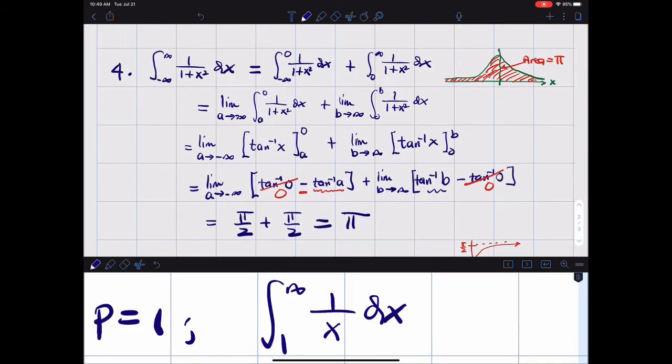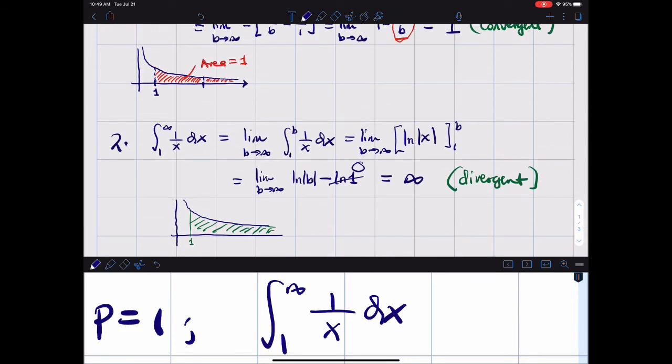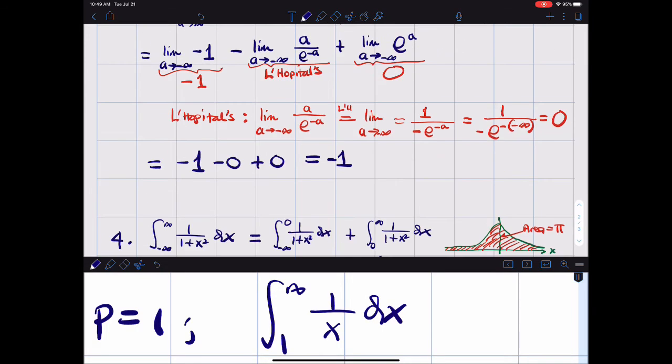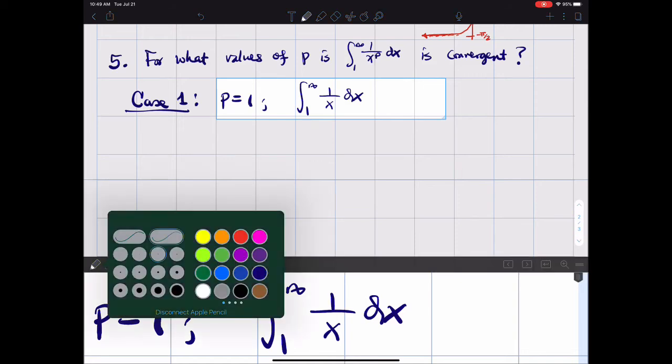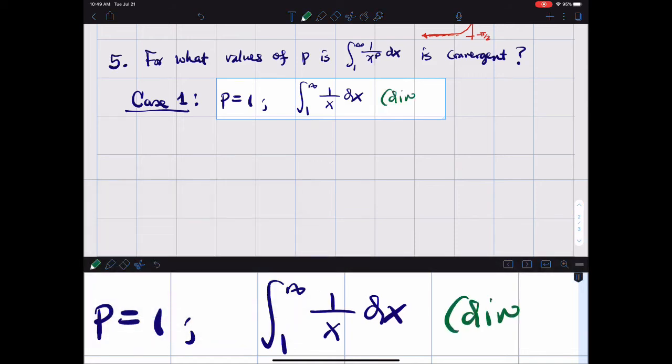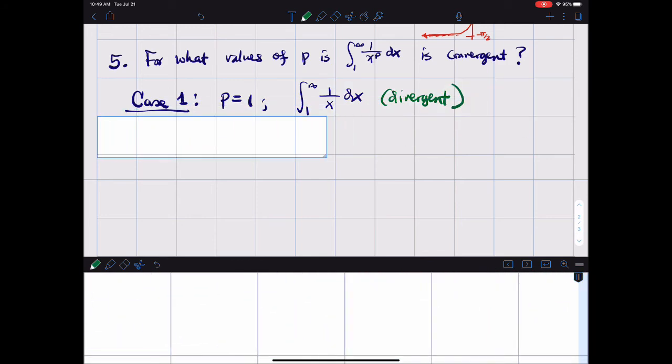And if you think back to our second example, this integral is divergent. So we're gradually finding the answer to our question. So when p is equal to 1, the integral is divergent.